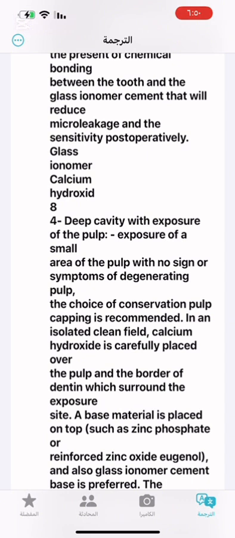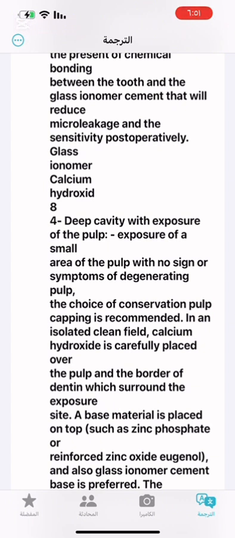3. Deep cavity, as in the figure below, that includes some extension toward the pulp. A liner such as Dycal should be applied on the pulpal and axial walls. On top, a cement base is placed such as zinc phosphate cement or modified zinc oxide eugenol cement or polycarboxylate cement.